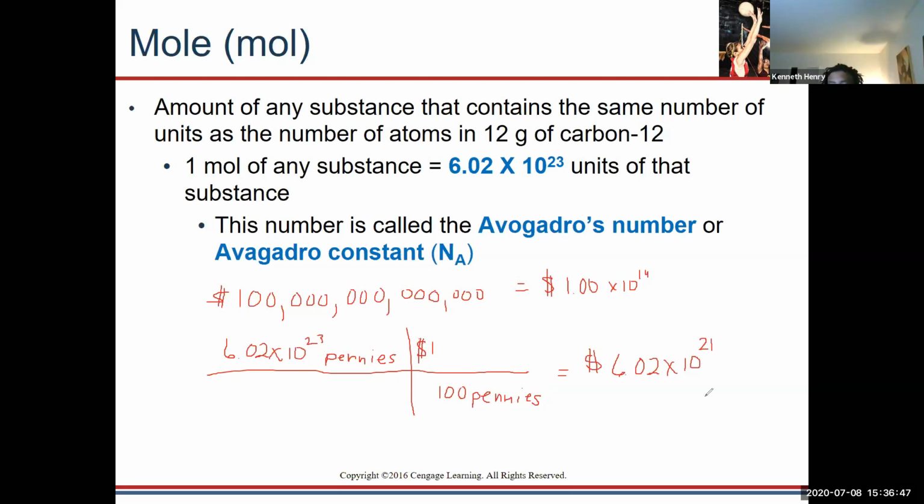Okay, which one is bigger? A mole of pennies or $1 trillion? A mole of pennies. More pennies. Okay, so you know, I have no issues with pennies at all. If I can get a mole of pennies on any given day, I will take that over $1 trillion in a heartbeat. Wouldn't even blink twice.